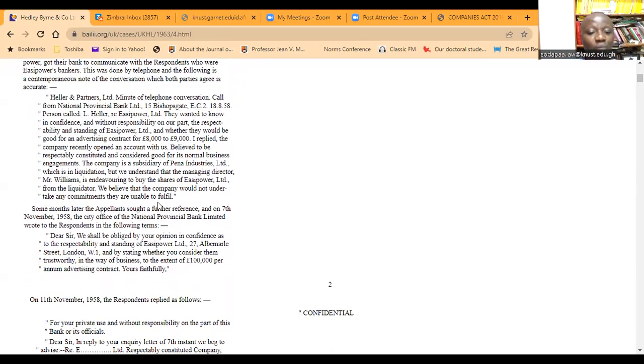Now, some months later, the appellant sought a further reference, and on 7th November 1958, the City Office of the National Provincial Bank Limited wrote to the respondents in the following terms, quote, Dear sir, we shall be obliged by your opinion in confidence as to the respectability and standing of AC Power Limited, and by stating whether you consider them trustworthy in the way of business to the extent of £100,000 per annual advertising contract, yours faithfully.